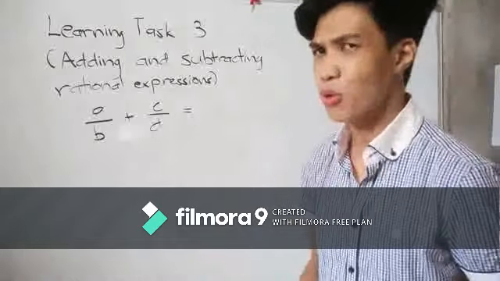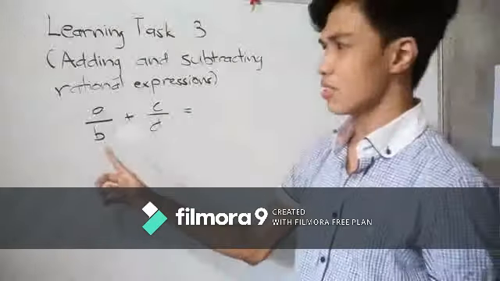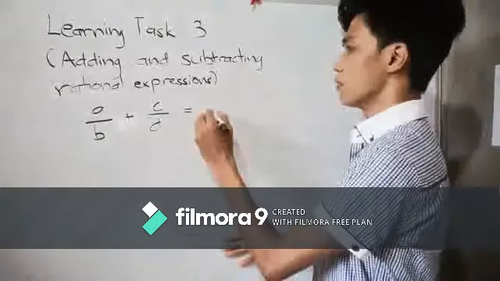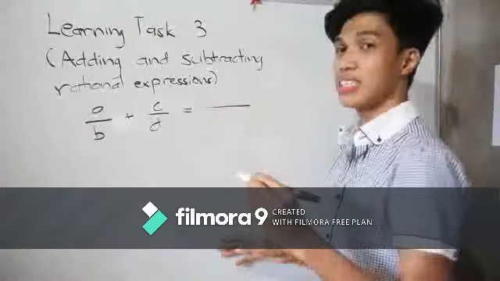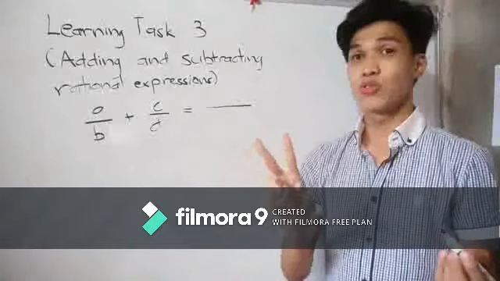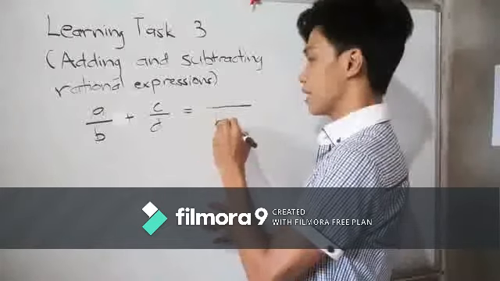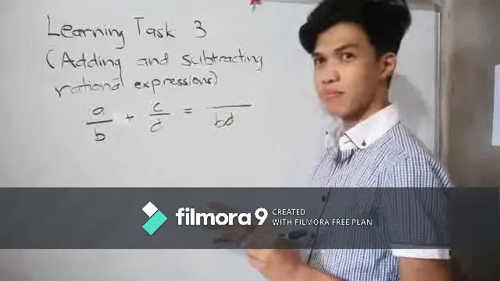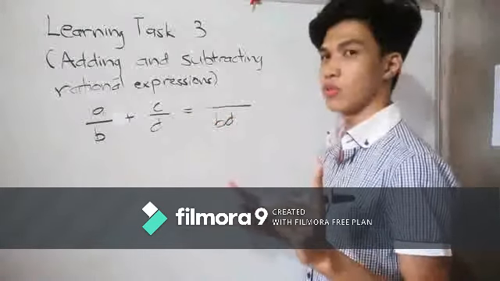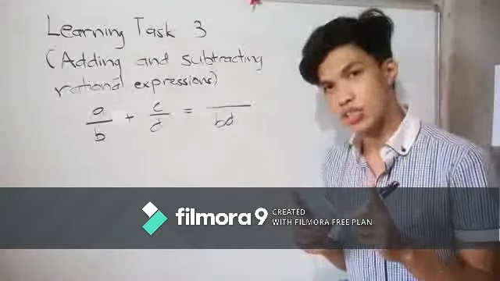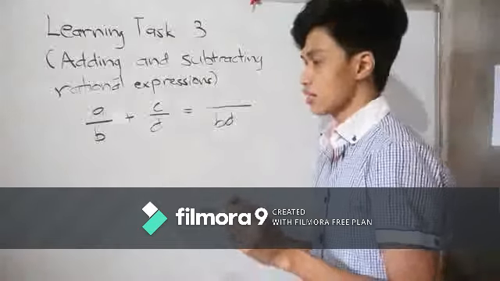But how do we find the LCD of B and D? That's very difficult. So, in order to do that, we just need to multiply the two variables. So, let's multiply. That would be B times D. That will be the first step. Again, this is applicable for rational expressions. Next.